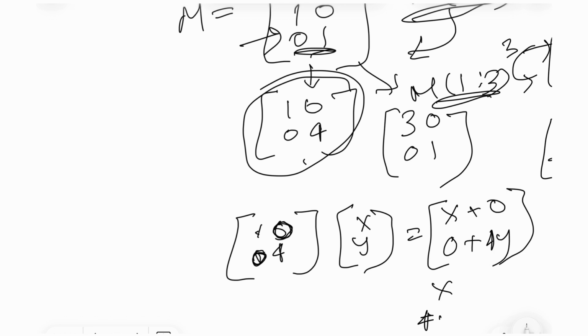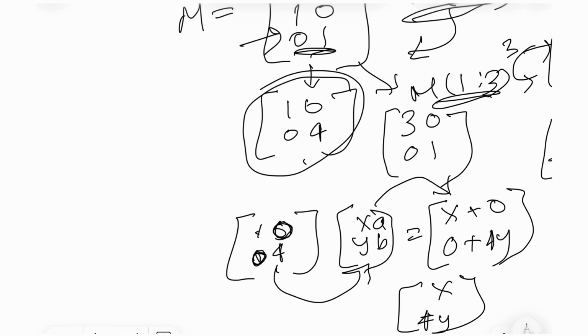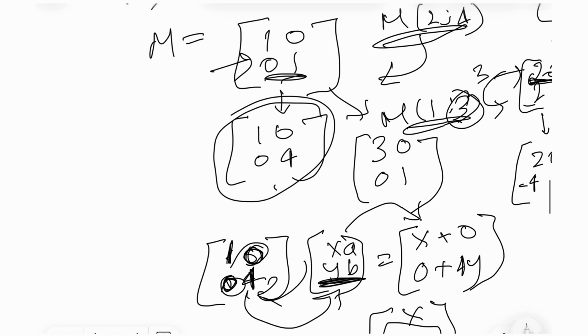I got x and 4y. Literally multiplying this by any vector or any matrix for that matter. This is x, a, y, b. Try to see what you'll get. You'll just get the second row multiplied by a scalar, because obviously the rest of the values are 0, and you're just changing the 1 with the multiplied scalar, which we have just taken as 4 or 3.